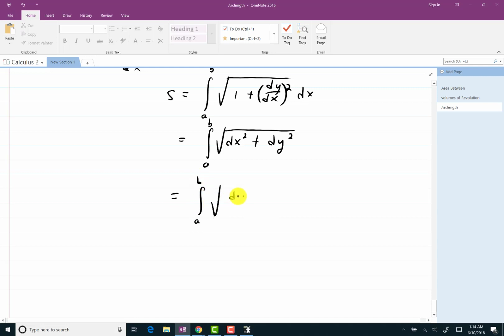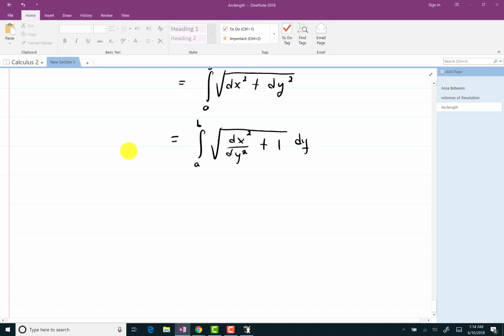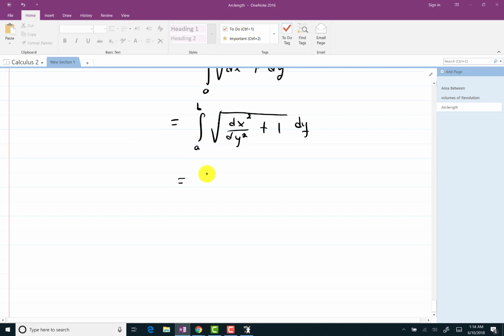So I'll get dx squared over dy squared plus, I should put parentheses around it because this notation takes on a different meaning later on, but I'll just assume dy is positive. And you can see it's exactly the same kind of thing.